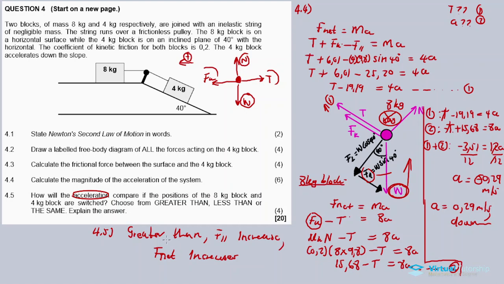The net force for the whole system will increase, because F net is equal to ma, and if acceleration increases, the F net increases. But the tension will remain the same. So that is 4.5, the last question for our question 4.